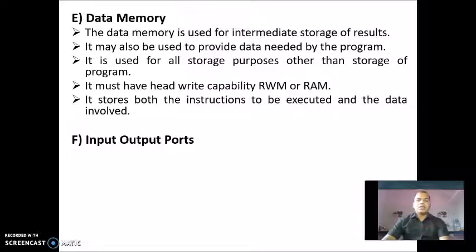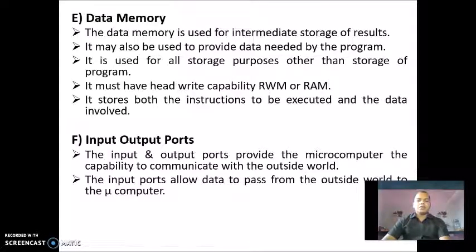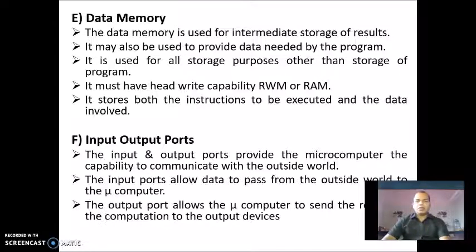Next unit is the input-output ports. The input and output ports provide the microcomputer the capability to communicate with the outside world. The input port allows data to pass from the outside world to the microcomputer.